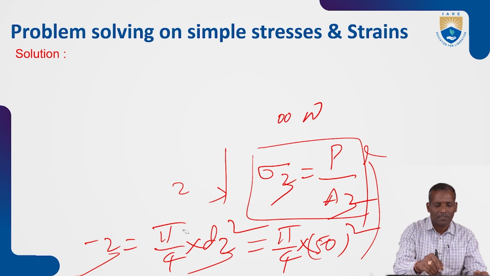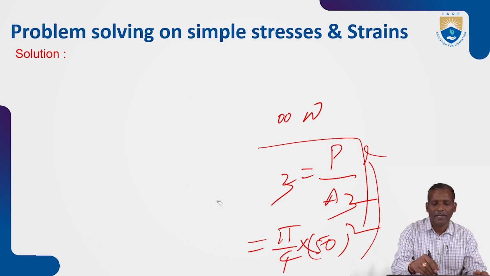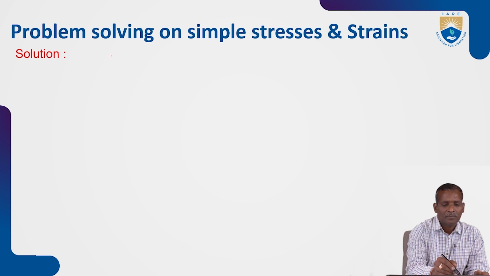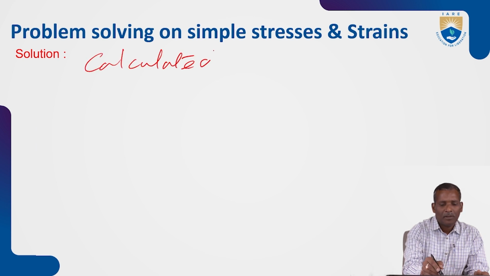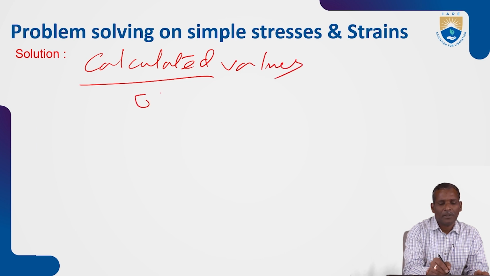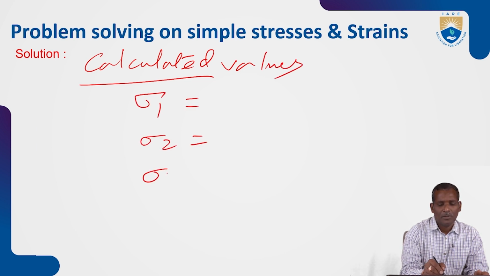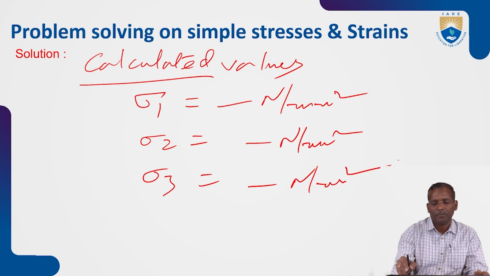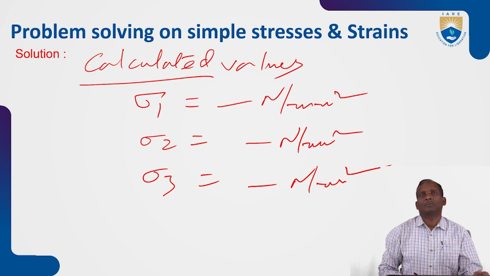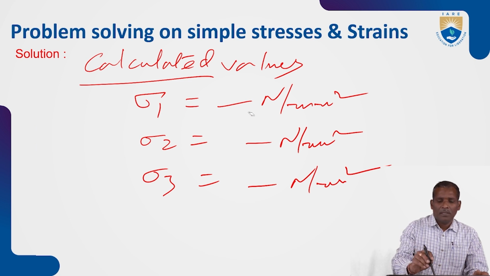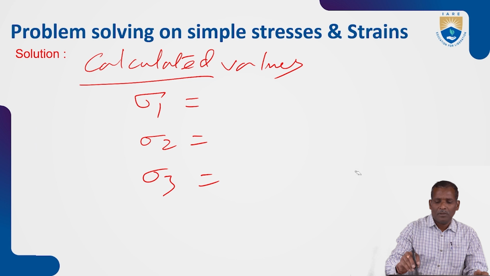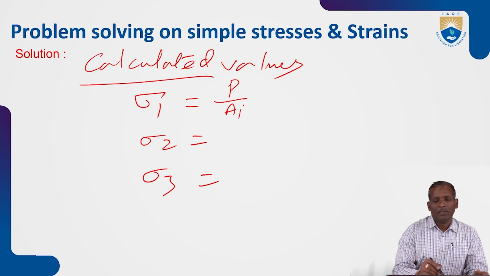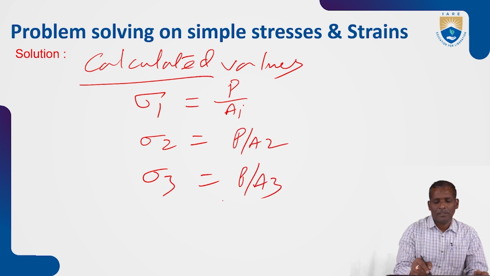Now write down the calculated values sigma 1, sigma 2 and sigma 3 in Newton per mm square, and then we will go to the second part. That is P by A1, P by A2 and P by A3.